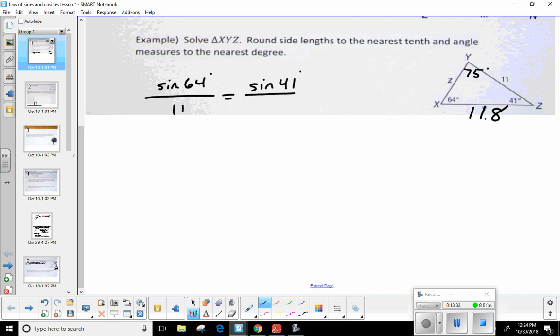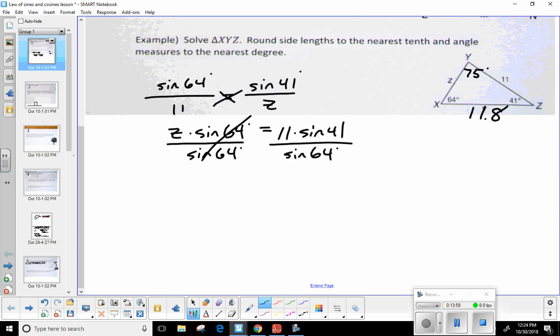Sine of 41 degrees over Z. There we go. Now, once we have the proportion created, then we can cross multiply. So this would be Z times the sine of 64 degrees equals the other product, 11 times the sine of 41. Once again, we'll divide through by the sine of 64.